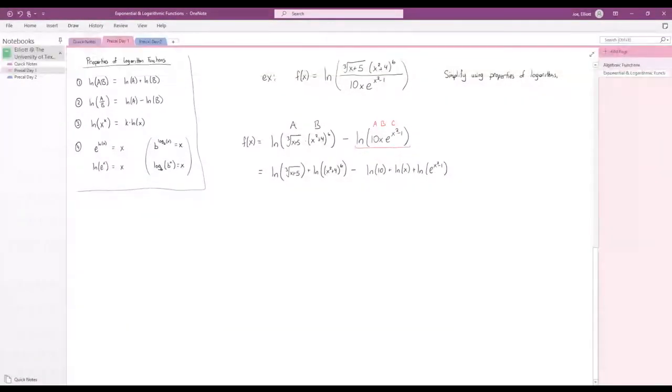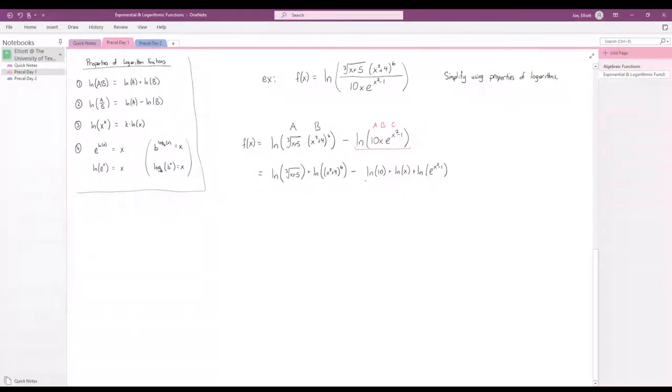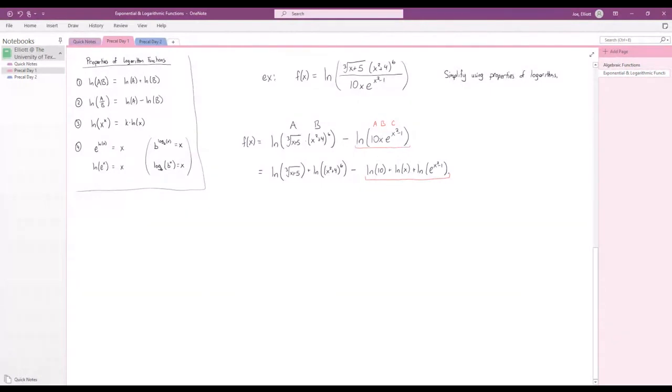Now here, just to be a little bit careful though, this logarithm expands like this according to the first property. So this minus sign that was in front of this natural log will continue to be in front of everything that we expanded it into. So you have a minus sign in front of all 3 of them, not just in front of the first one. That's a subtlety to be aware of.